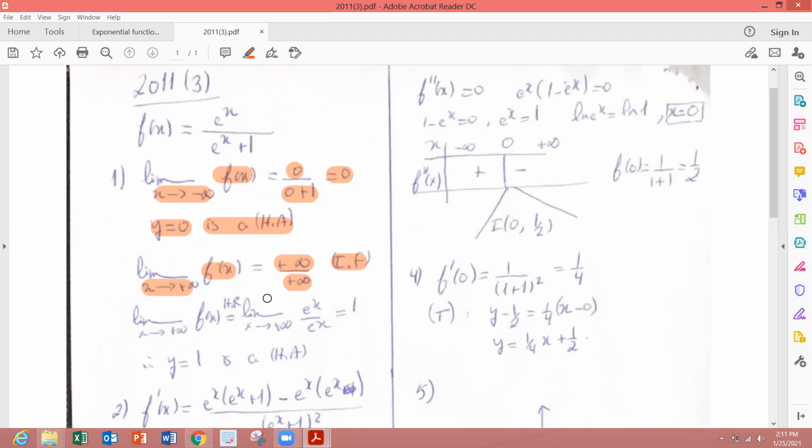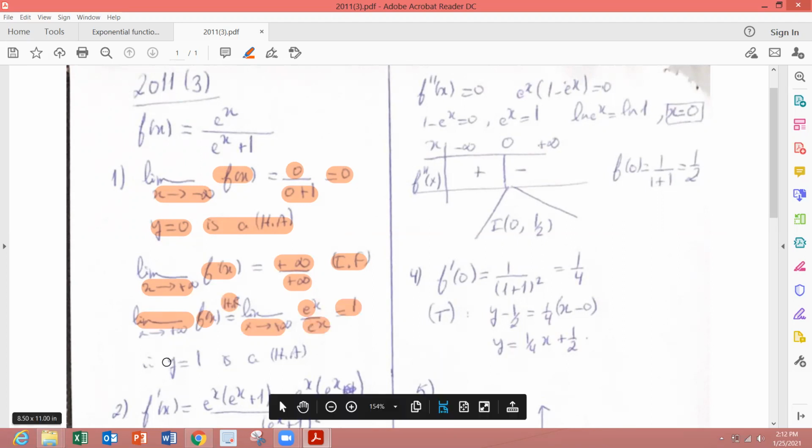So we apply L'Hopital's rule. The derivative of e^x is e^x, over the derivative of e^x plus 1, which is e^x. We get 1. Therefore, as x tends to infinity, y tends to 1, then y equal 1 is a horizontal asymptote.